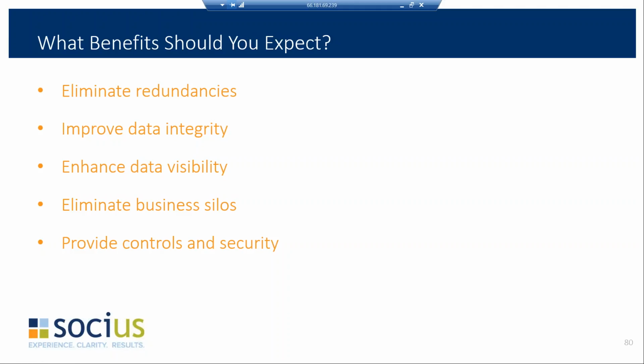And one thing that we find as important as anything is it eliminates business silos between the different groups within your organization. You may have a distribution or warehouse team, a purchasing team, an executive team, and all of those people need access to this information, and this allows it to be all tied together.